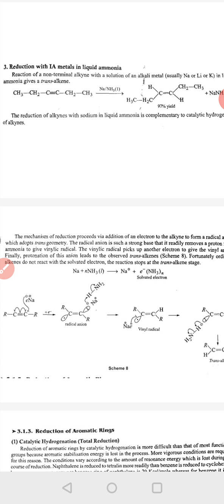Further reduction of alkene to alkane does not take place in this type of reduction, because we need alkenes in which electron withdrawing groups are attached at the olefinic carbon to undergo this reduction to produce alkane. So ordinary alkenes do not undergo reduction with solvated electrons, and the reaction stops at the trans alkene stage.